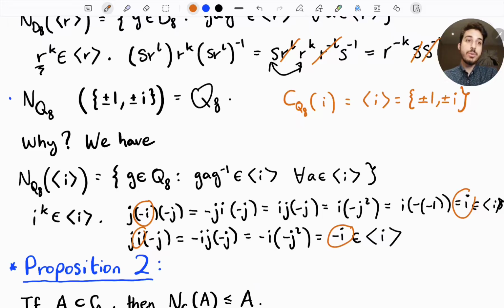However, they do give an element that is inside the subgroup that we're talking about, which is the subgroup generated by I.